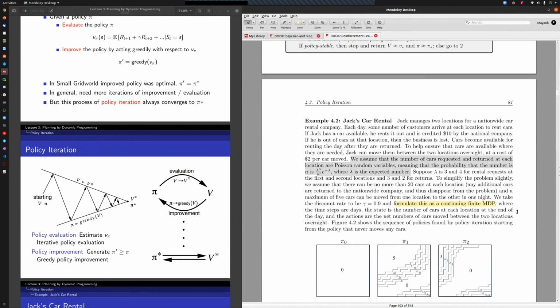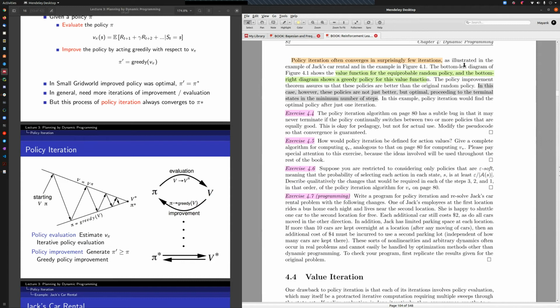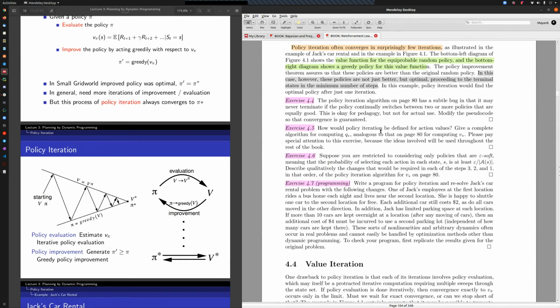Then this is the Jack Garland tools that we took a look at. Then there are the policy improvement theorems, and these are the examples and exercises.